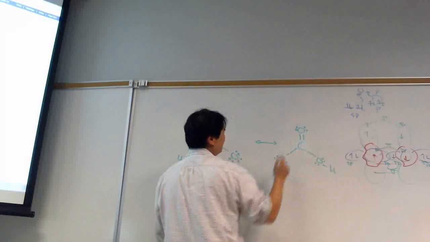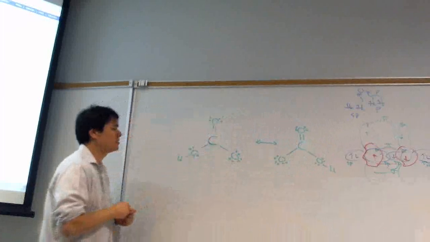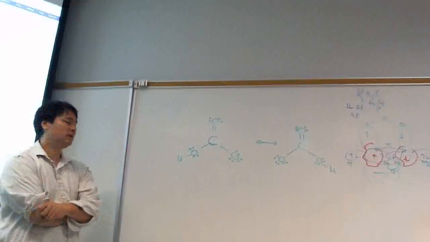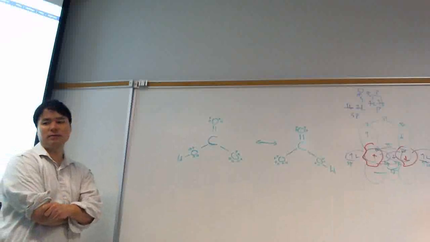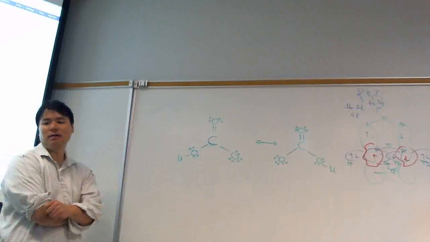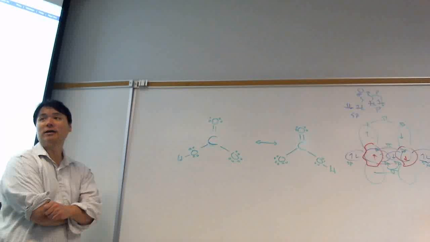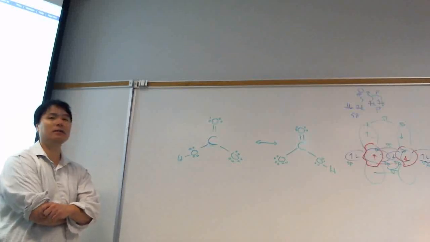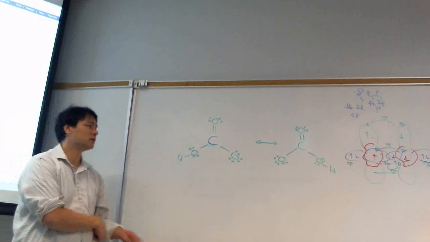I see this all the time. Are these 2 resonance forms? No. With resonance, we just want to look at how the electrons are distributed within a molecule, not moving the atoms around. And so we always leave the atoms fixed in position.